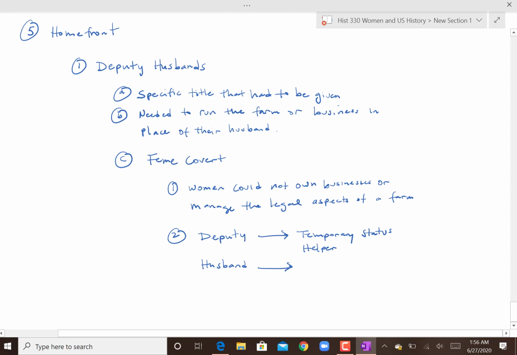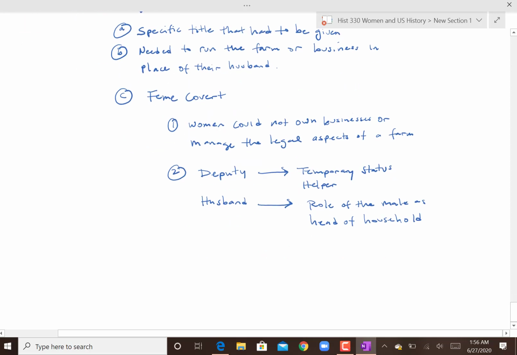And then the husband, right, which is the role of the male as head of the household. So you are a deputy, temporary helper, husband. And they have to give this male title officially to women so that they can run the business. And this allowed them then to be responsible for purchasing, selling, harvesting, paying employees, and all of that.